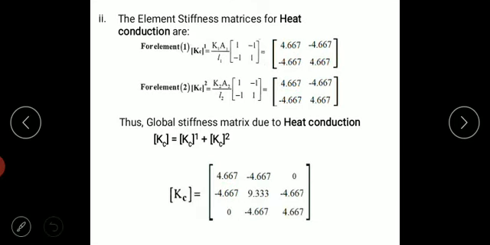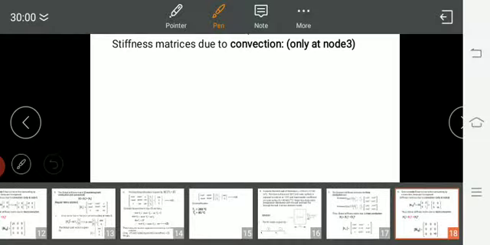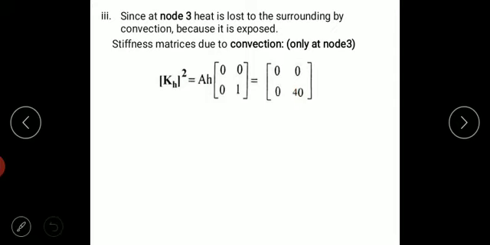for the heat conduction. Next we shall move on to the heat convection. Here also, the heat convection is happening at node 3. Heat is lost to the surroundings by convection because it is exposed. The stiffness matrix due to heat convection is only at node 3, element 2, so I get the value at 3 comma 3, because element 1 doesn't have convection, only element 2.